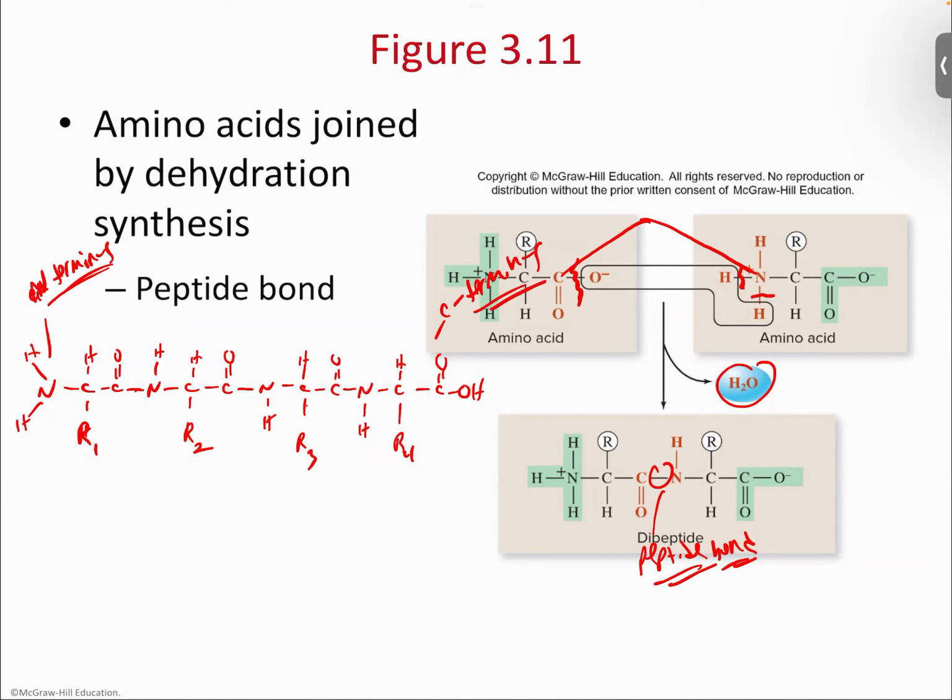Now, one thing I want to point your attention to is notice in the center, you've got a repeating unit, don't you? NCC, NCC, NCC, NCC, and so forth. So this is what's referred to as the backbone.